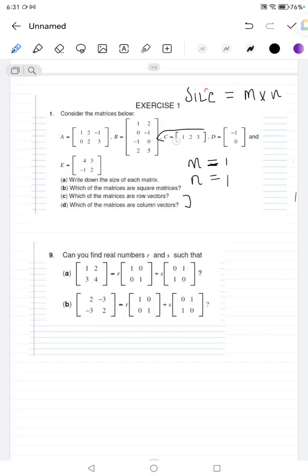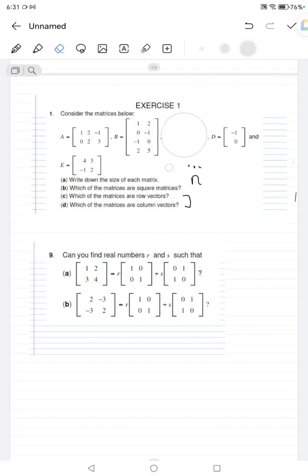You only have this one. Then the one in D, you will see that your n is equal to 1 because you only have this column. So that's basically the only definition I could think about. So if you were to explain it mathematically, you can just explain it like that.